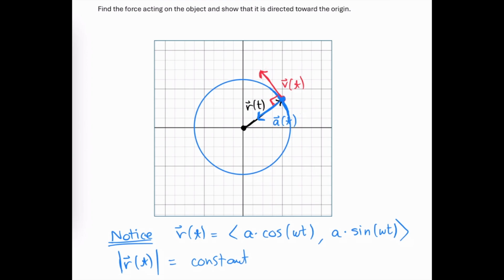And the acceleration vector is pointing back toward the center of the circle or toward the origin. This tells me that that force, which is mass times this perpendicular acceleration vector, is going to be the centripetal force or the center-seeking force.